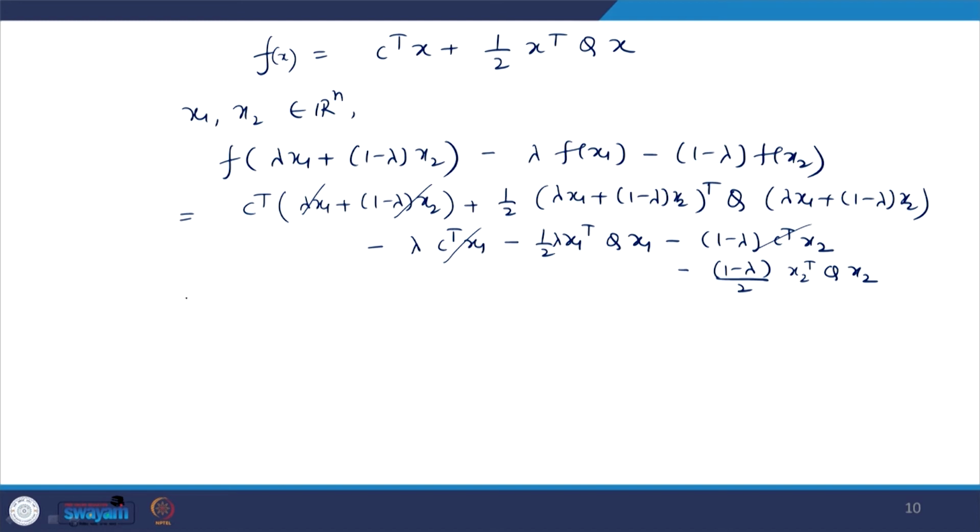these terms. So, 1 by 2 can be put common in all the terms, and let us simplify this expression.